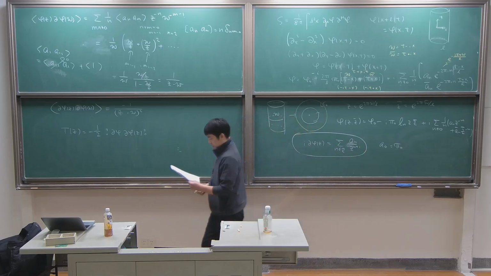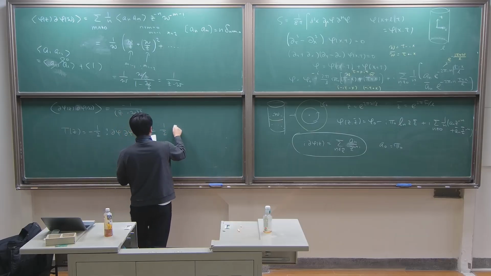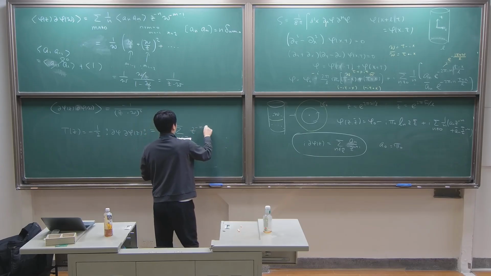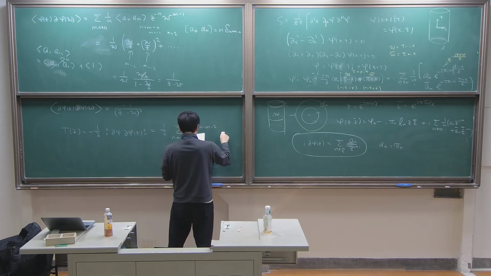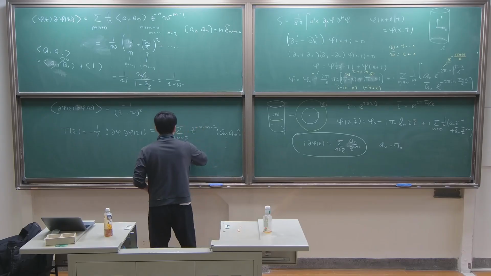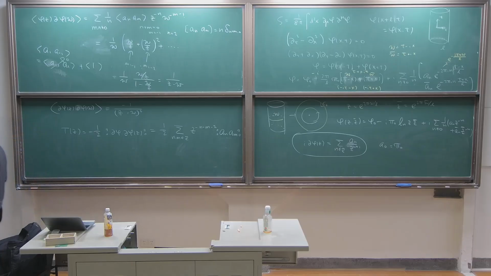Then we can plug this one into there, and what you get is 1/2 sum over n. Okay.